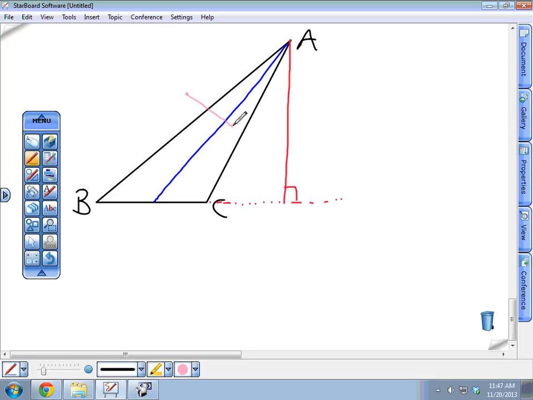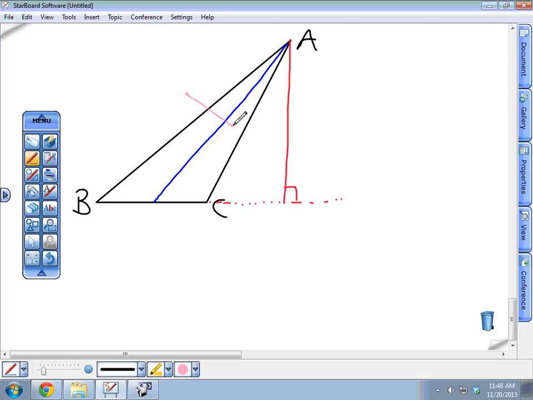Jordan, number 6. If angle APD is a right angle, then what and what are altitudes of APD? BP and CP. Say that again. Two line segments.